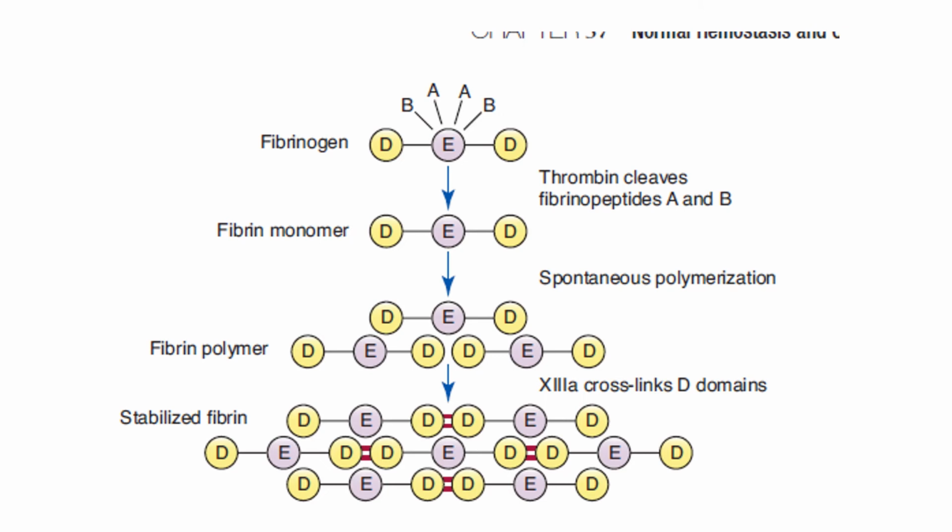And this will undergo spontaneous polymerization, so that means it will make copies of itself, forming a complex structure. And then later on, with the action of fibrin stabilizing factor, it can make this into a stabilized fibrin clot.